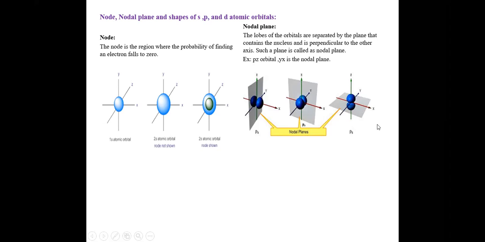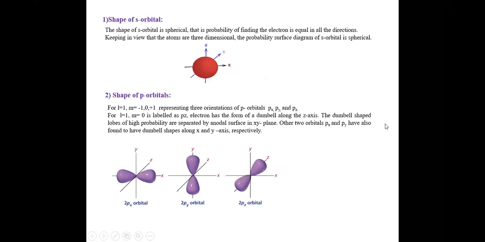So next we'll move to the shapes of s, p and d orbitals. First we'll see the shape of the s orbital. The shape of the s orbital is spherical. That is, the probability of finding an electron is equal in all directions. Keeping in view that atoms are three-dimensional, the probability surface diagram of the s orbital is spherical.